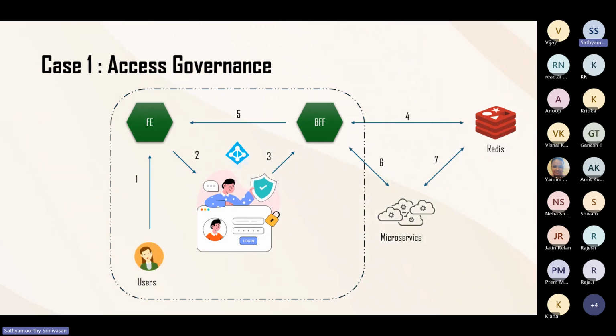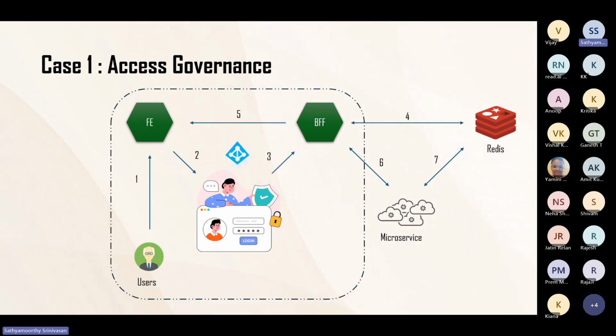So here we can take a workflow for access governance, if you are using OpenID or social media login, through three-legged authentication. When the user logs into the website using a URL, the request first goes to the front end. The front end checks the cookies or cached data, to see whether the user has any context in the browser.